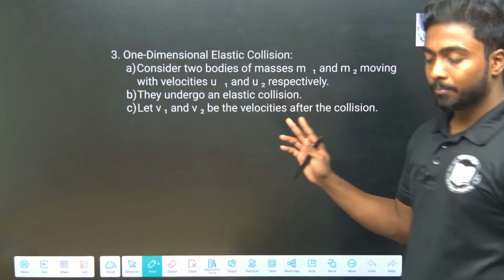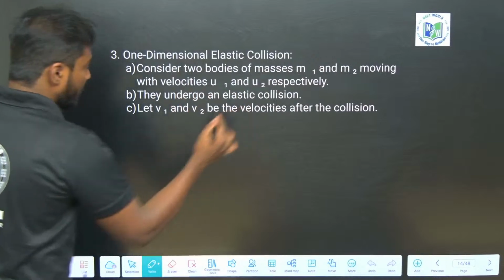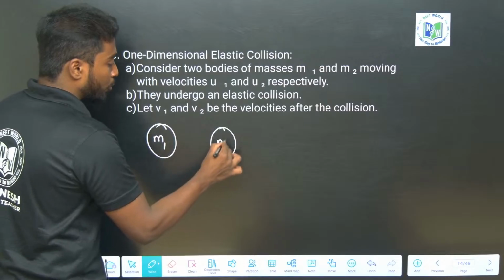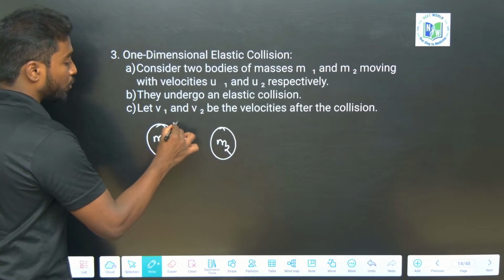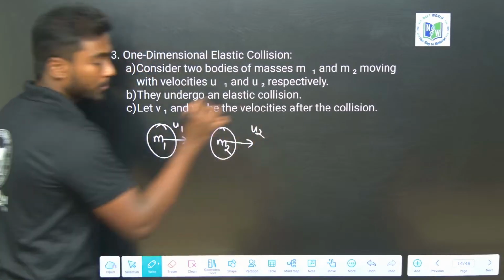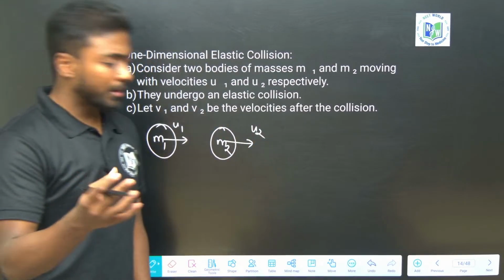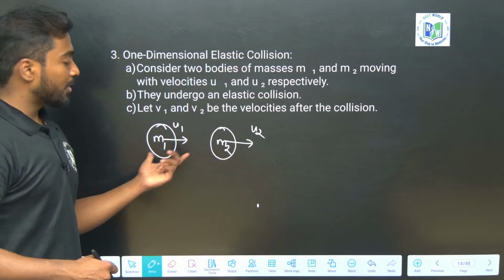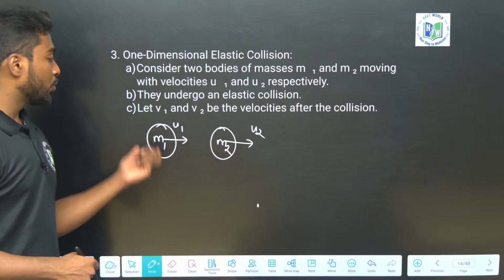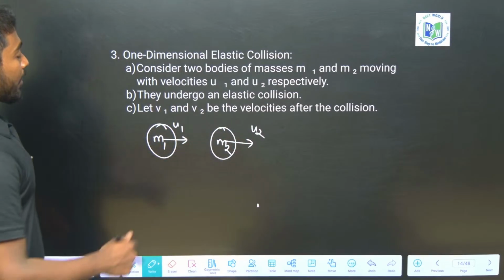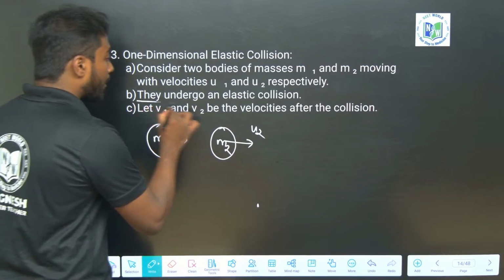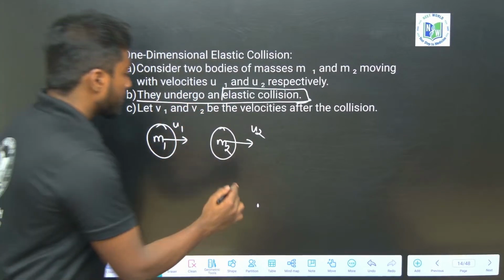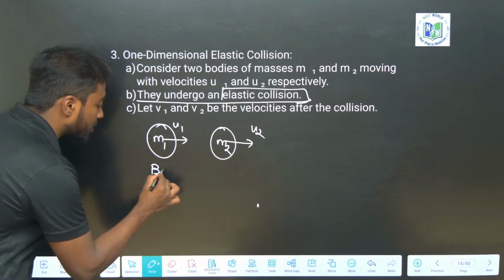So consider two bodies of mass m1 and mass m2, moving with velocity u1 and u2. By taking a diagram, I can write my own points. Consider objects of mass m1, m2, moving with velocities u1 and u2. Then they go into an elastic collision. So this is before collision.